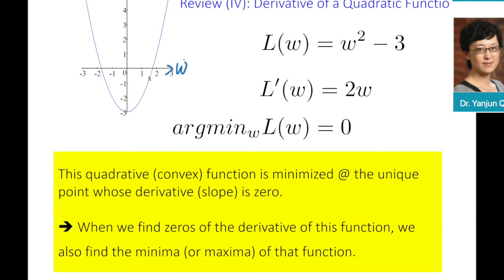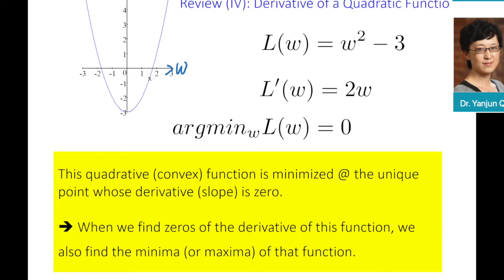This is W, this is L of W. We actually know how to minimize a quadratic function. So let's see this extremely simple case: how do you minimize this really simple one-dimensional quadratic function? Because it's quadratic, it's this kind of valley shape, and there's only one minimal point, the point where the derivative equals 0.